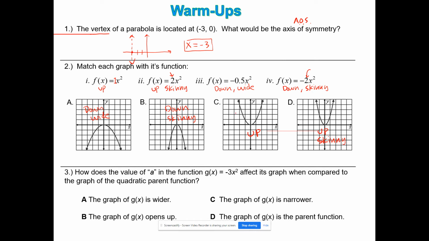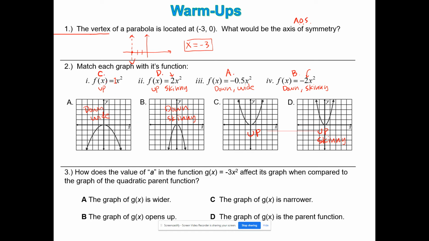So down and wide is right here, so this one will be A. This is down and skinny, and that's down and skinny, so this would be the graph for B. Then this is up and skinny, so this one's D. This is normal. It almost looked wide, but it's actually normal, so this is C.